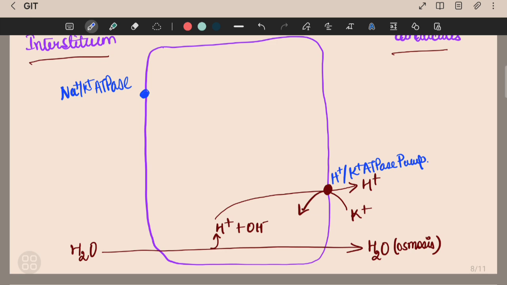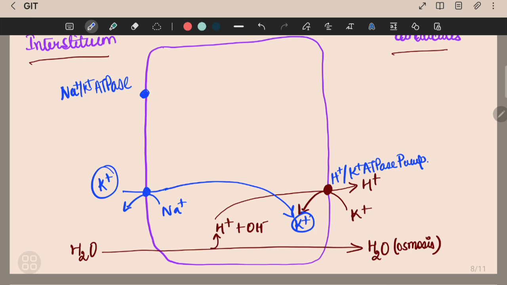So potassium wants to leak out to the lumen, but here potassium will be taken in again. In this exchange sodium is coming out into the interstitium.